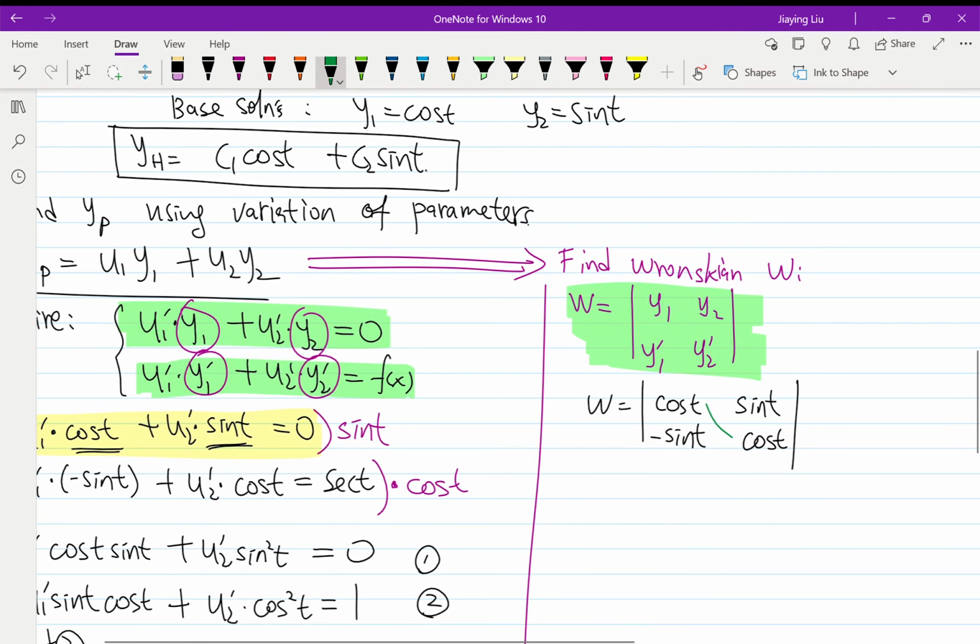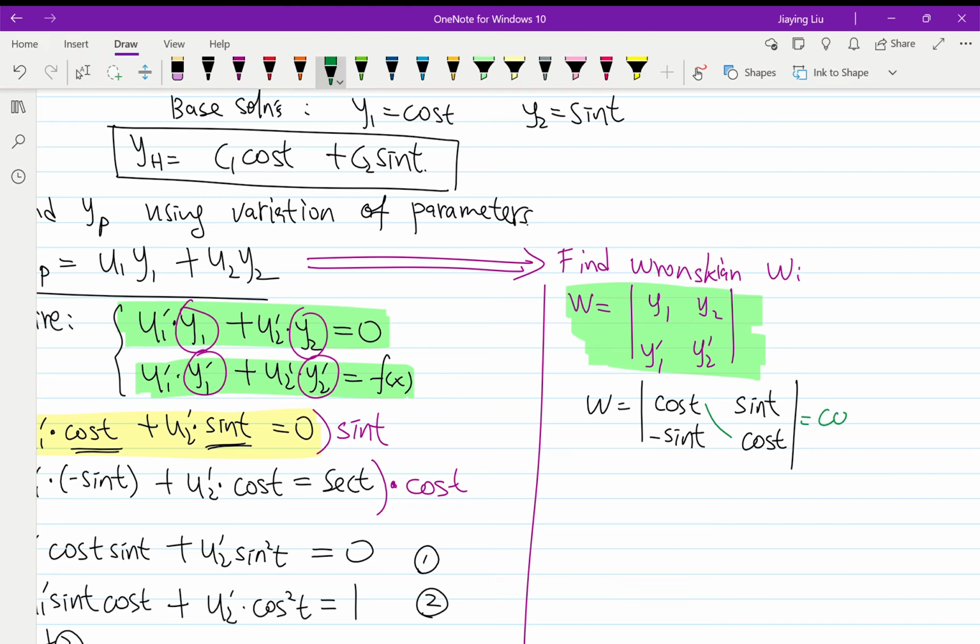So that's cosine squared t, minus, it's always subtraction, sine t times negative sine t, so that's negative sine squared t. And it's nice because we have cosine squared plus sine squared, which is 1. It's a good thing that we have something simple. So that's the first thing you need to find, the Wronskian.